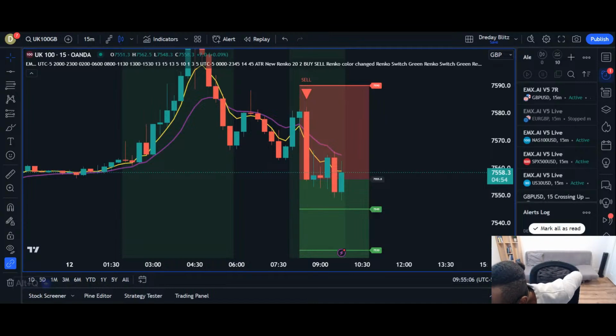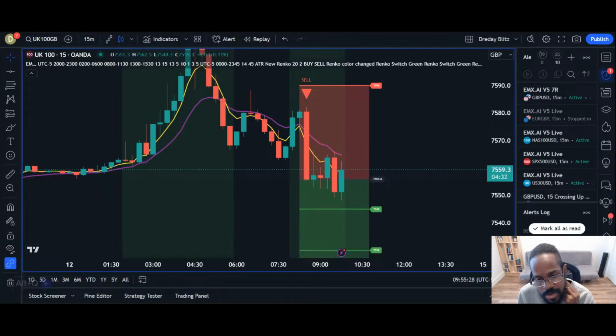Should I trade during session? Yeah, like I said, for UK 100, you're able to trade it at London and at New York. So you could backtest it and see exactly if it makes sense to trade it at New York. But as long as you see a good setup, you're able to trade it. But personally, I would only trade it at London.